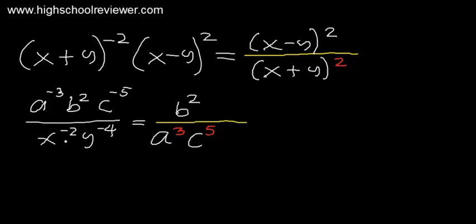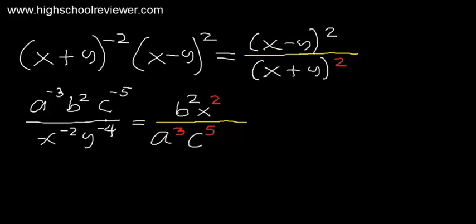Our x here has a negative exponent, so from the denominator it will go up to the numerator, and the exponent from negative will become positive. And how about for y?